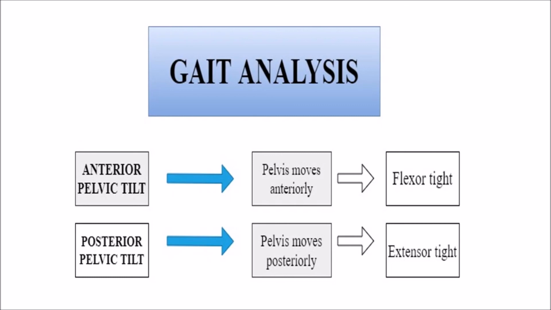What happens next is the lordosis decreases, the lumbosacral angle decreases, and there is a flattening of the spine. So both are opposite. In anterior pelvic tilting, the pubis moves backward, but in posterior pelvic tilting, the pubis moves anteriorly and the pelvis moves posteriorly and the extensors become tight. There is a decrease in the lumbar lordosis, a decrease in the lumbosacral angle, and also a flattening of the spine.